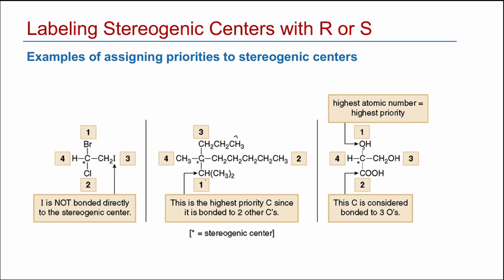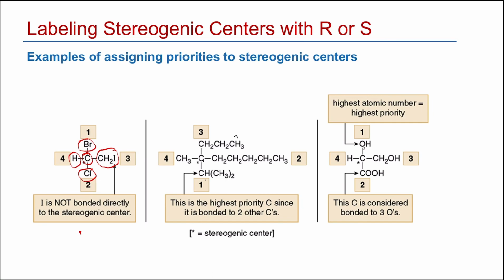So now we need to label our stereogenic center with R and S. So let's first have some examples of assigning the priorities to our stereogenic center. Let's start with this compound first. This compound has a stereogenic center, this carbon in the center, with four different groups. One is bromide, the other one is chloride, the third one is CH2I, and the fourth one is hydrogen.